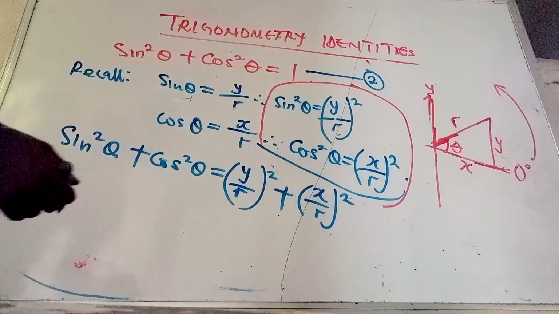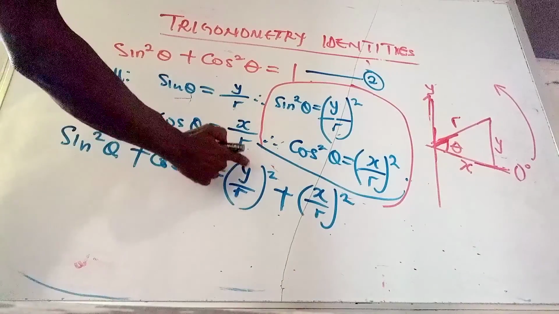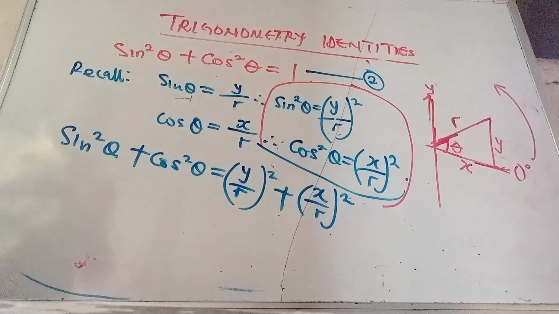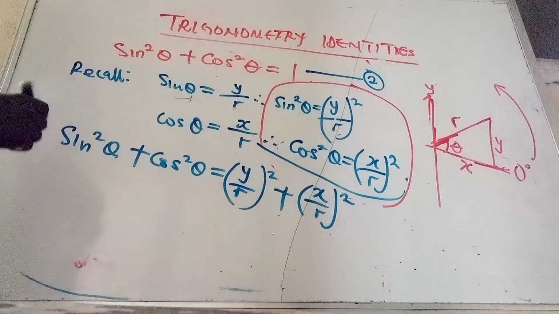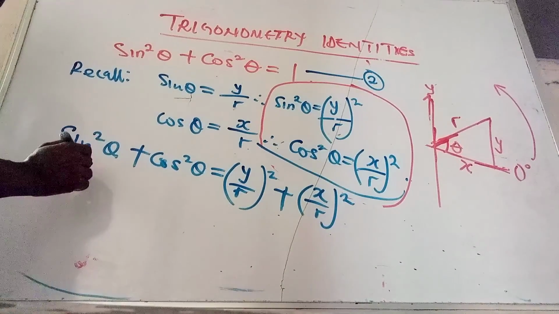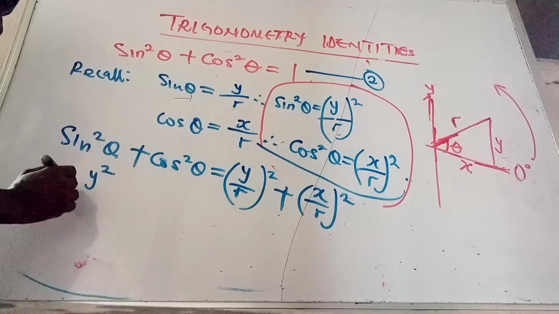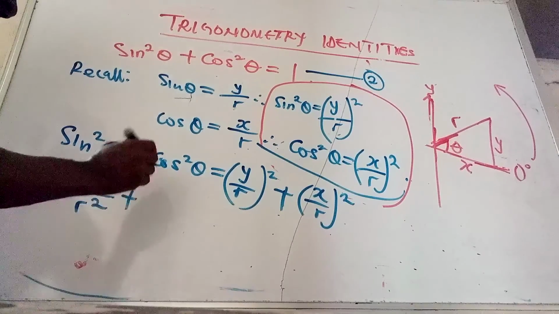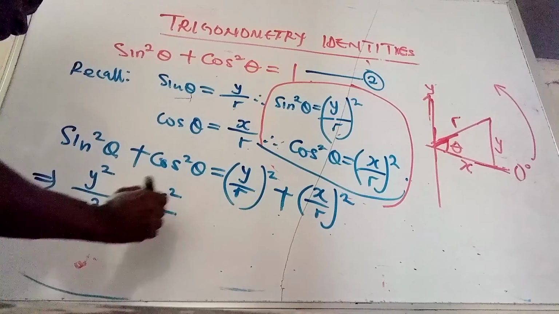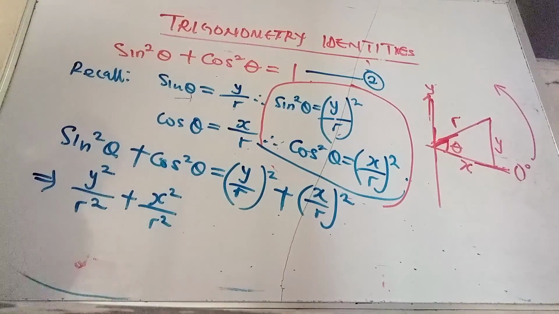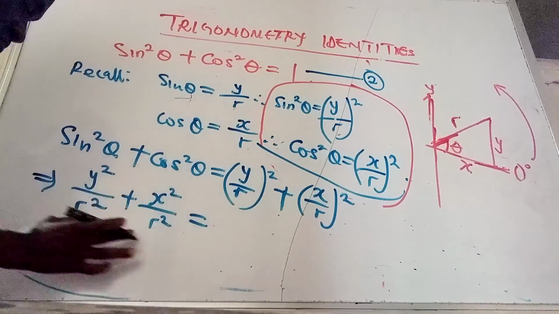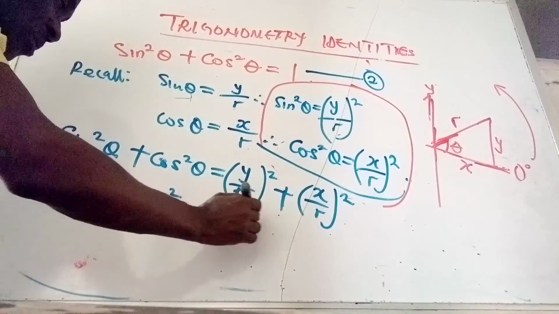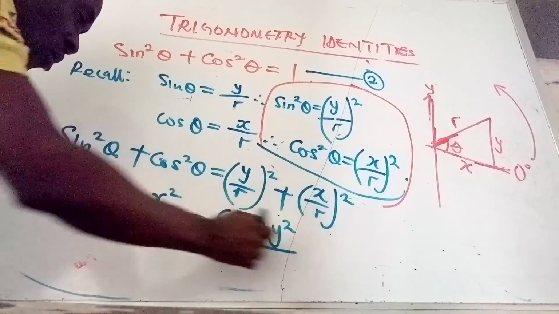Don't forget, this power is affecting both y and r. So definitely, I'm going to have y squared over r squared plus x squared over what? R squared. And because the denominators are the same, that will be x squared plus y squared all over what?